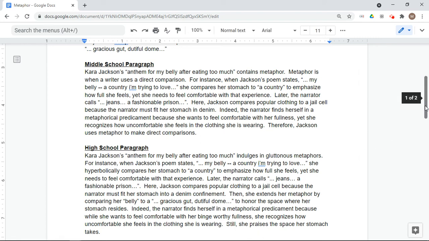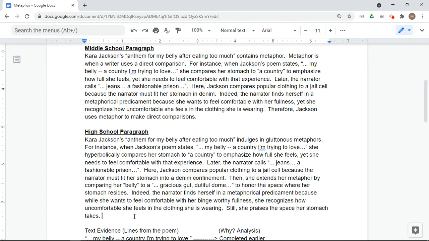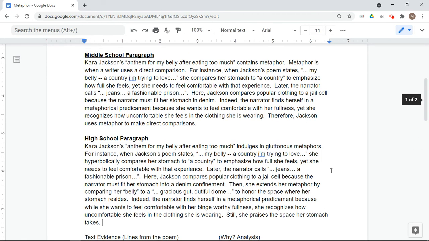Because you should have the power as the writer to write about what you want to write about. And this is one of those examples. I mean, Kara Jackson is writing about what she wants to write about. And I encourage that. And I have a voice in your spaces.